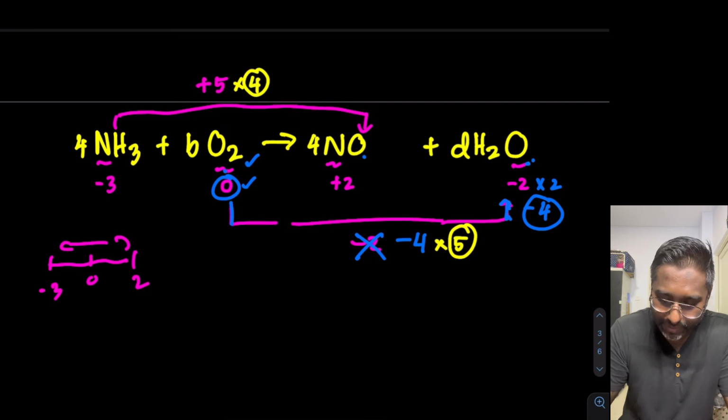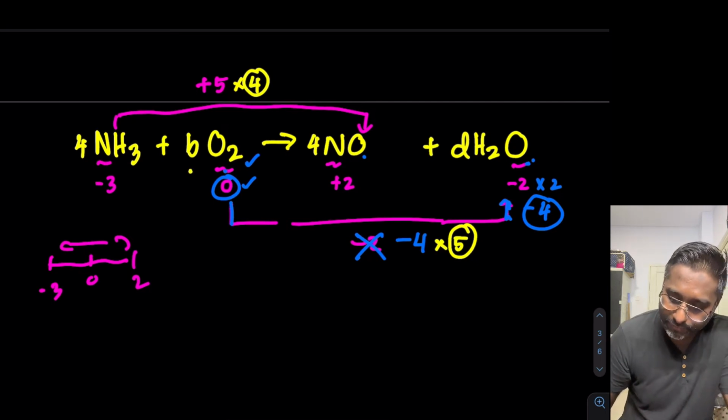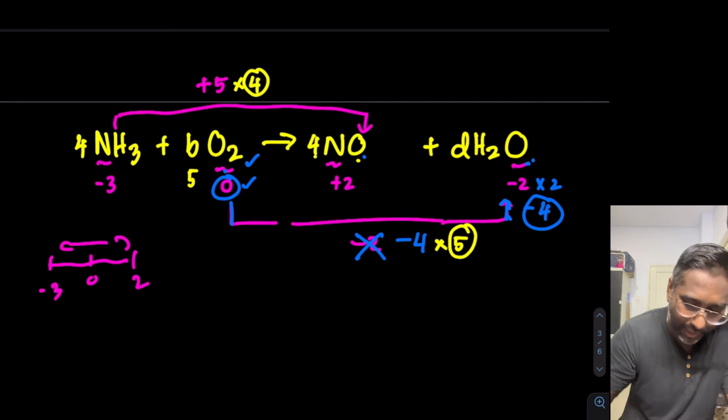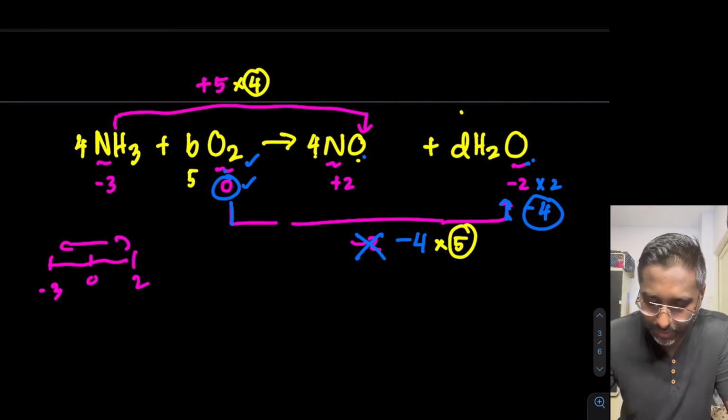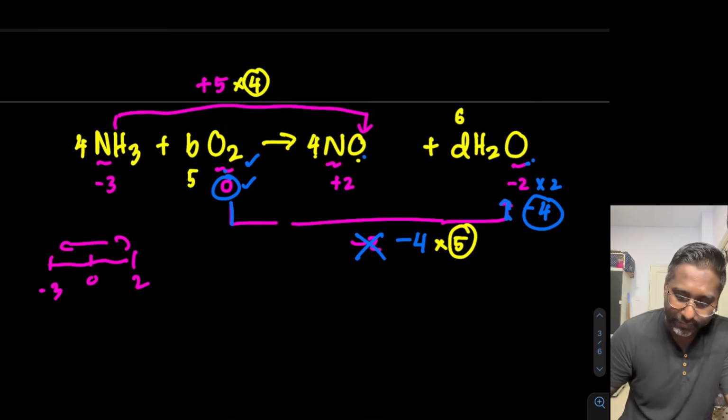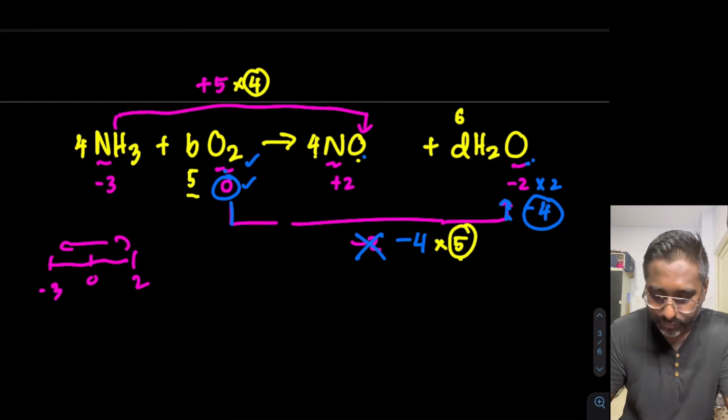I will suggest, let's try, if you want to put the 5 here, I am going to have 10 oxygen. So how do I get 10 oxygen? 4 oxygen, I just need another 6 oxygen. If I put 6 there, hydrogen is going to be 12, so it's balanced already.